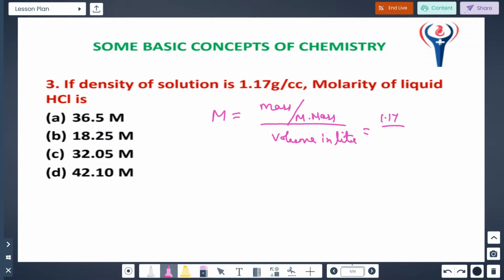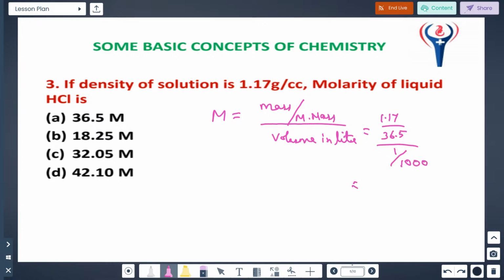HCl. H is 1, chlorine is 35.5, so 36.5. You can consider 36.5. By volume of the solution in liters. Here it is only 1 ml, so 1 by 1000. If you simplify, you can get the answer. Are you following?